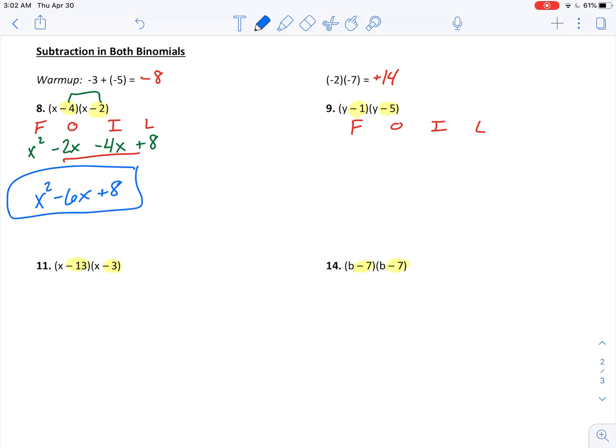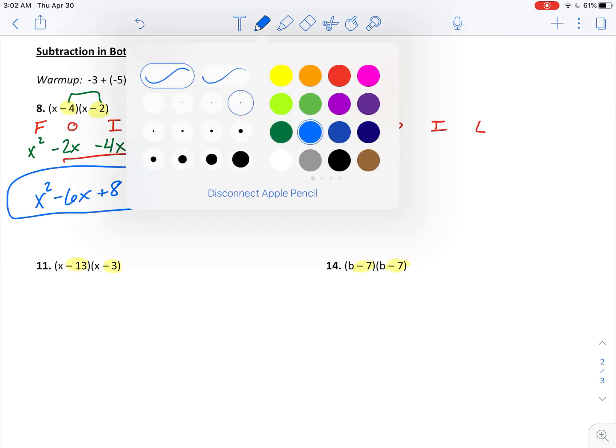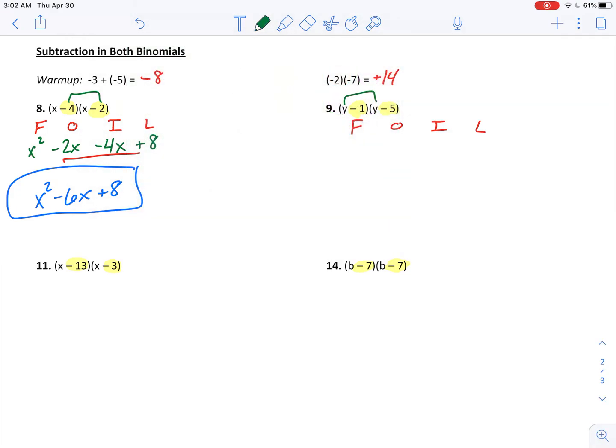So same thing here. Let's do our first product in number 9. Y times y is y squared. And the outer product, y times a negative 5, is negative 5y. Then the inner product, negative 1 times y is negative 1y.